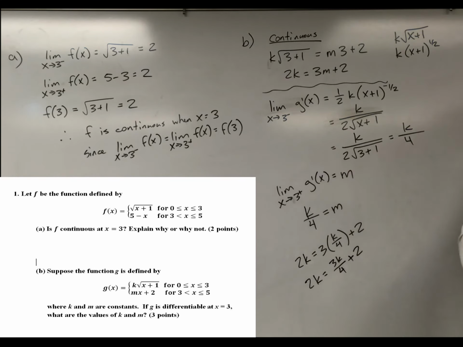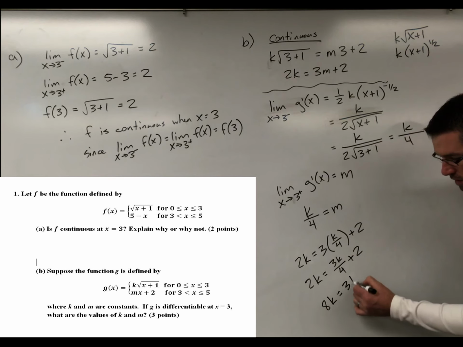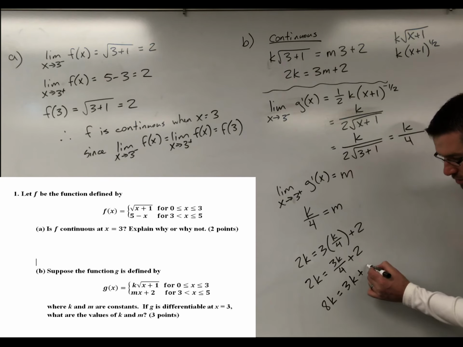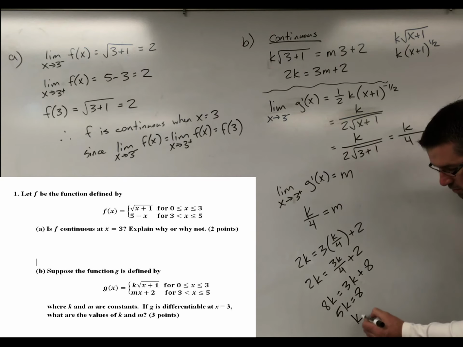Just to make my life easier, I'm going to multiply everything by 4 so I don't have fractions to deal with. So I get 8k equals 3k plus 8. 5k equals 8. So k equals 8/5.